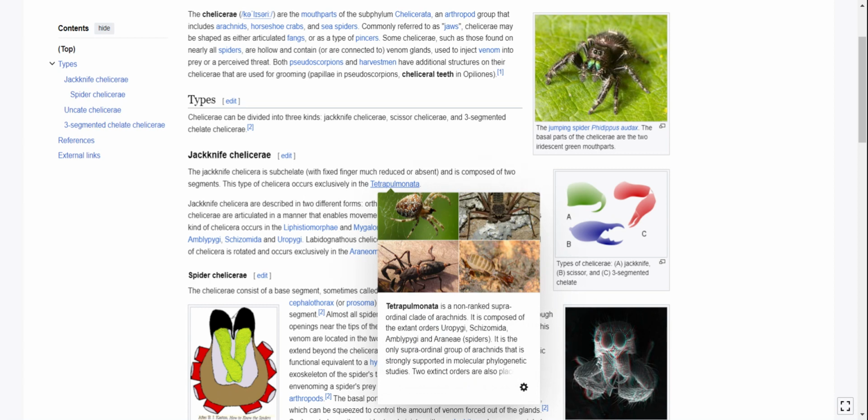It is composed of the extant orders Uropygi, Schizomida, Amblypygi, and Araneae spiders. It is the only supraordinal group of arachnids that is strongly supported in molecular phylogenetic studies. And there are at least two extinct orders.